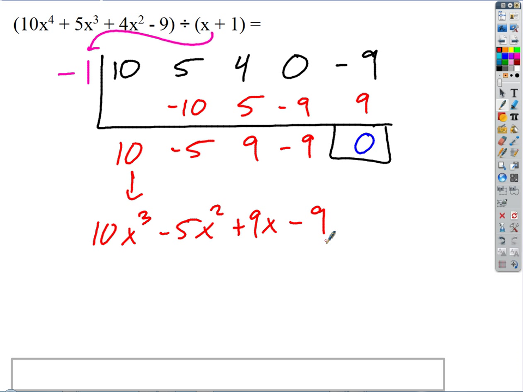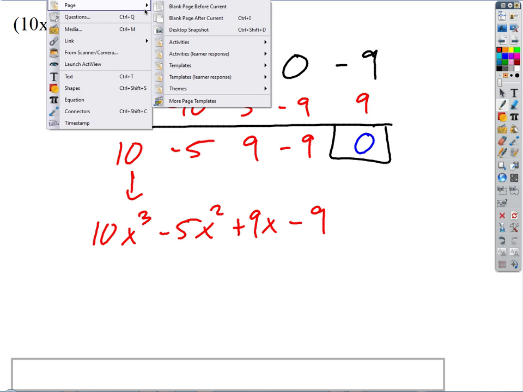Good. Now, what does that mean when we have no remainder? Think back to your days of doing long division in grade school. Let's look at two real quick examples to compare. The same thinking is going to apply to polynomials. If I divided 43 by 4, that's like saying 4 goes into 43 how many times? It goes in once. 1 times 4 is 4.